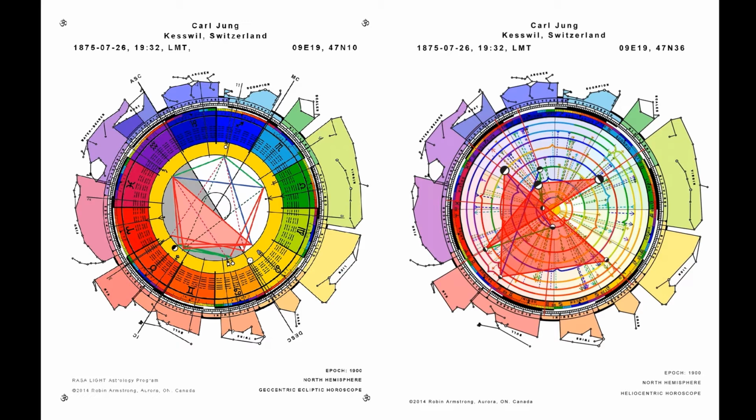But with the Mercury and Venus in Cancer, heliocentrically, here's the Sun. From the Earth, you see Mercury, you see Venus, you see the Sun, and they're all in the same basic area. But when you look from the Sun, his Mercury is in Pisces. His Venus is in Gemini.